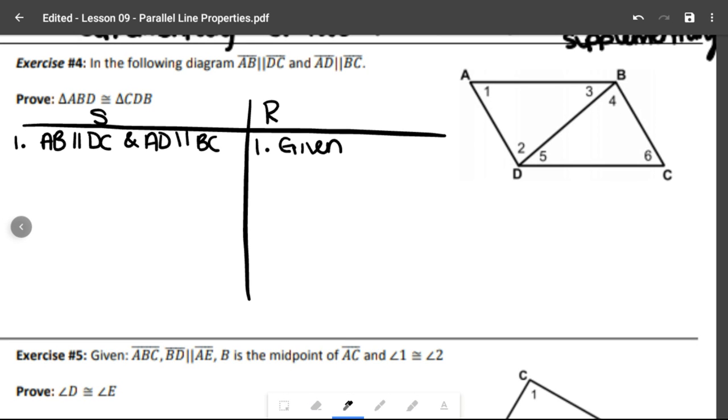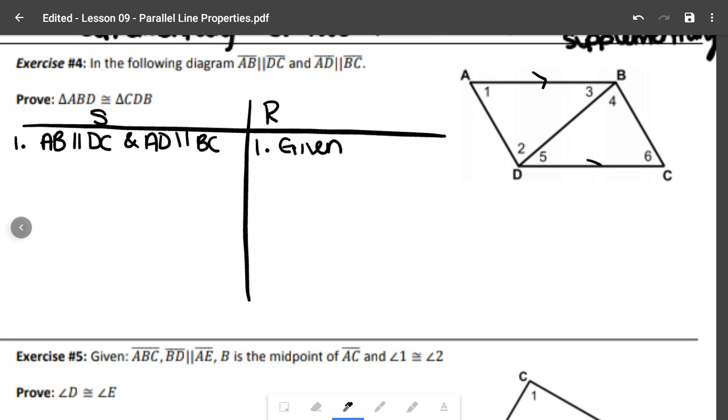So a single arrow for AB and a double arrow for AD and BC because they're not all parallel to each other, similar to how we give 1 mark or 2 marks to show which parts are congruent to each other. Now, we know the two triangles we're trying to prove.